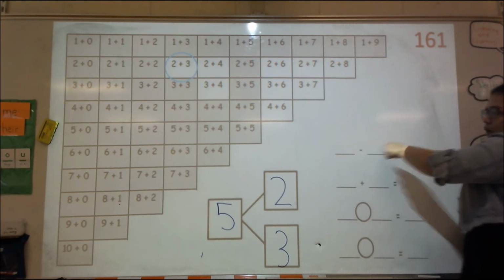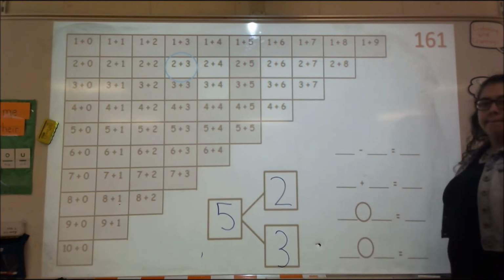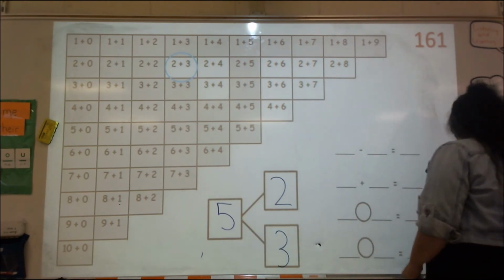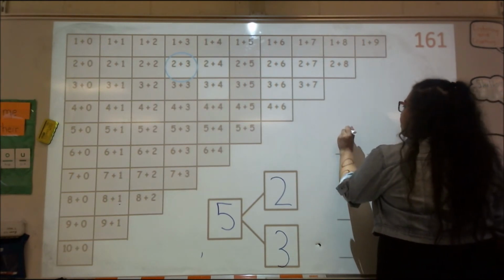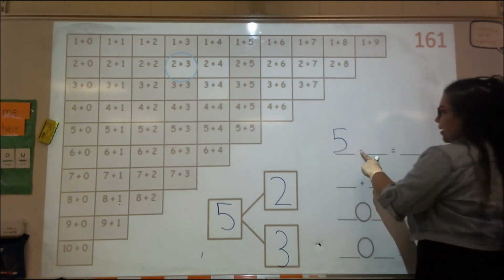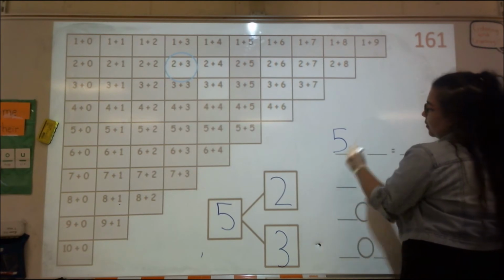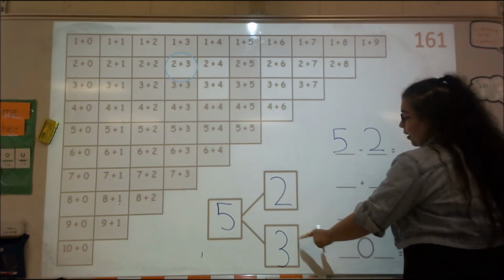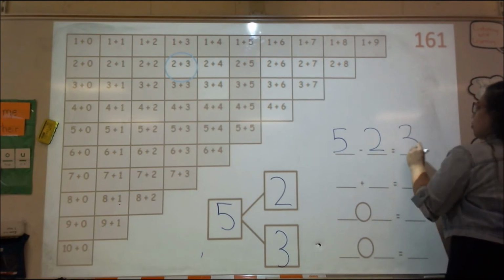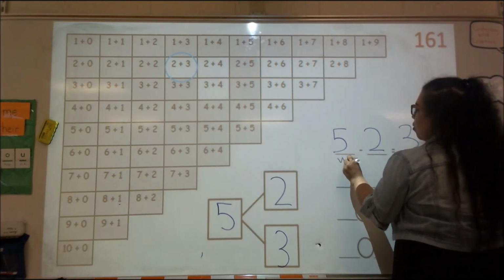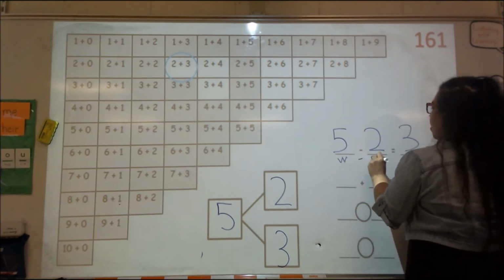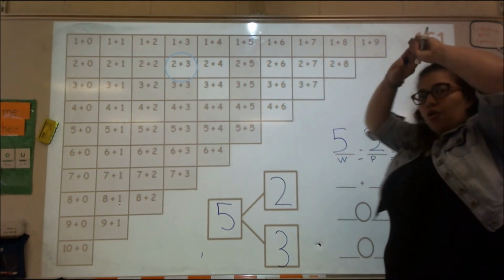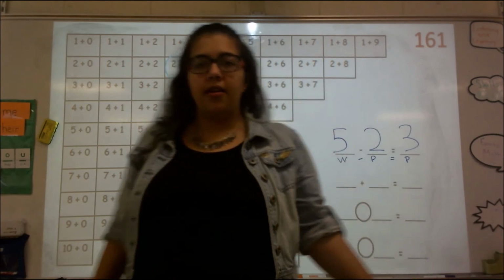We're taking away from what? The whole. Our whole has what value? 5. Good. 5 minus, tell me a part. 2 is equal to the other part, which is 3. Subtraction. Whole minus part equals the other part.